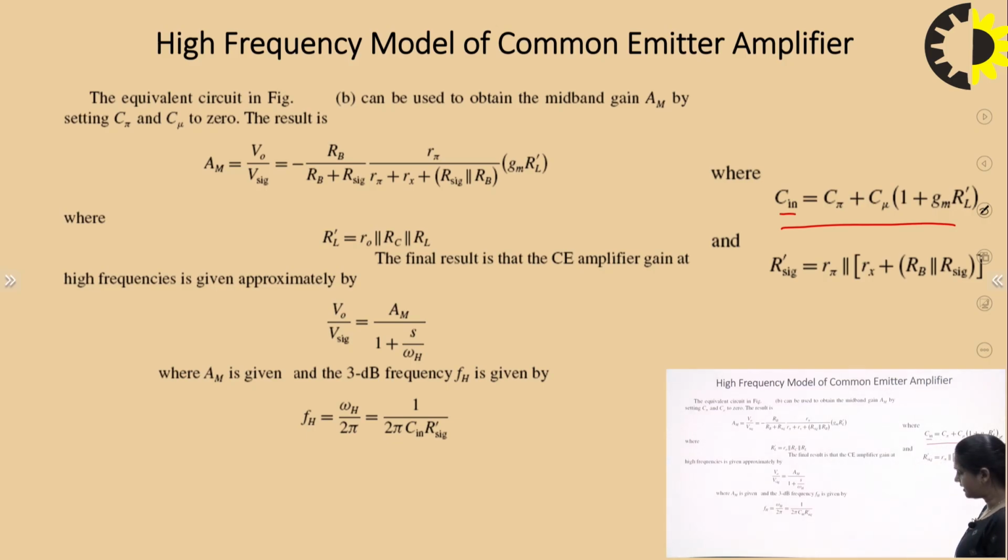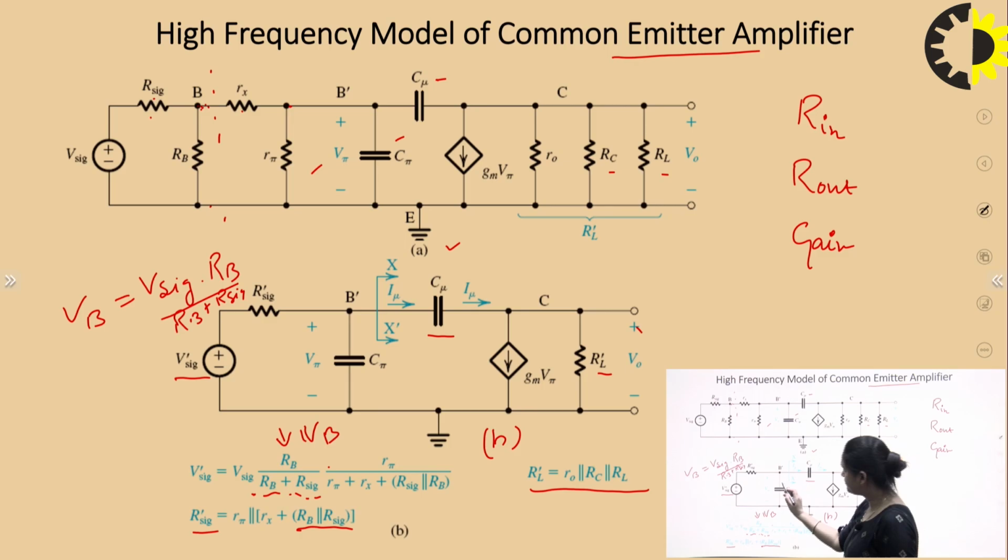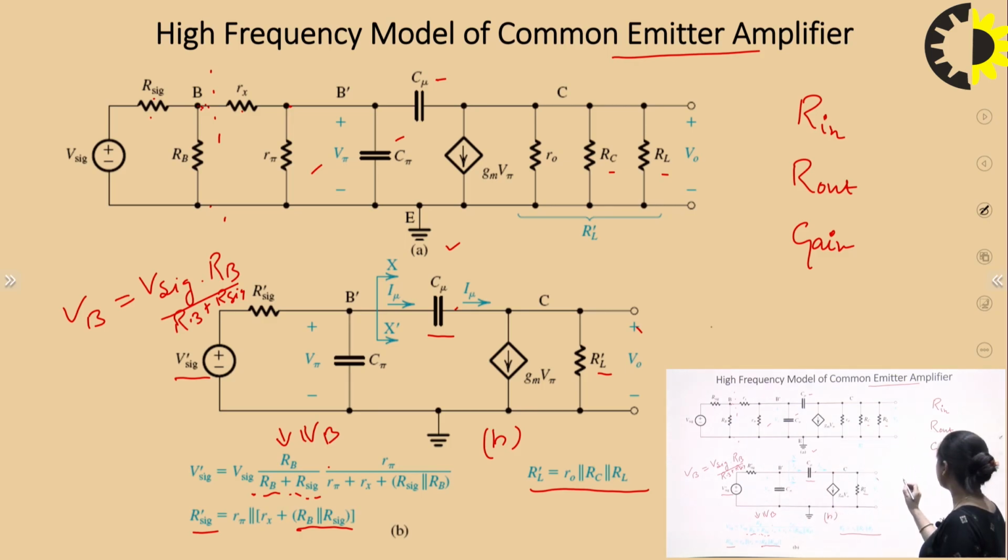If I replace this C mu at the input side, the diagram can be redrawn like this: R signal, C pi, here the voltage is V signal dash, this is R signal dash, this is C pi.